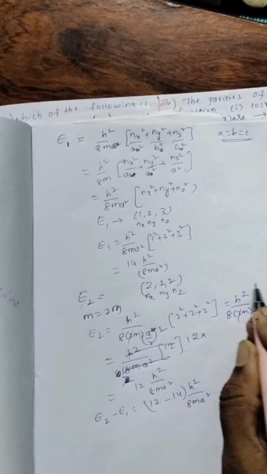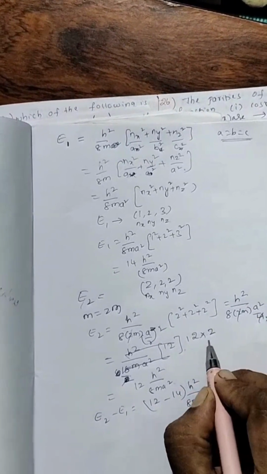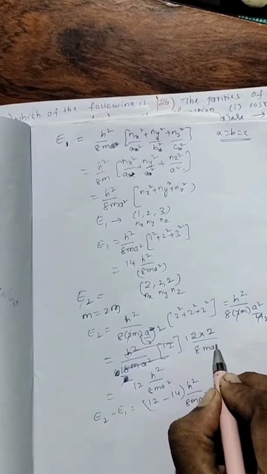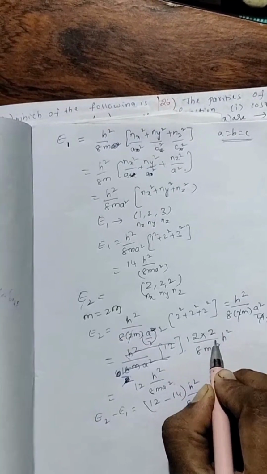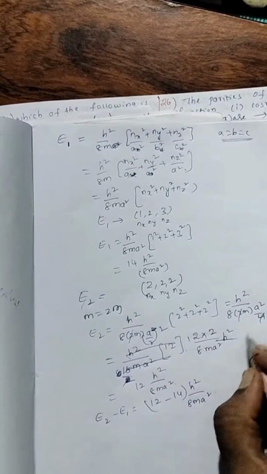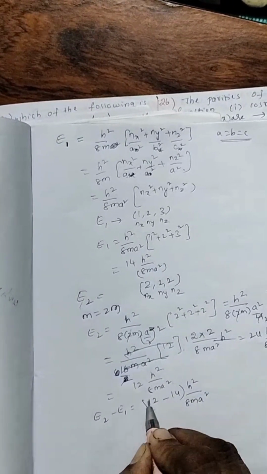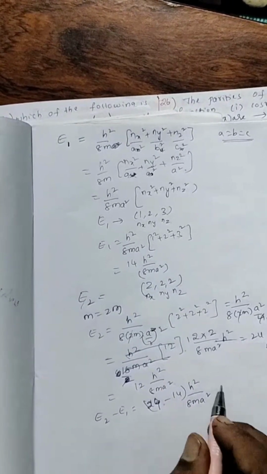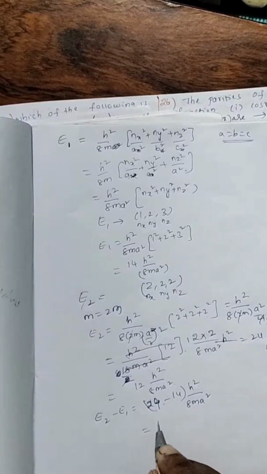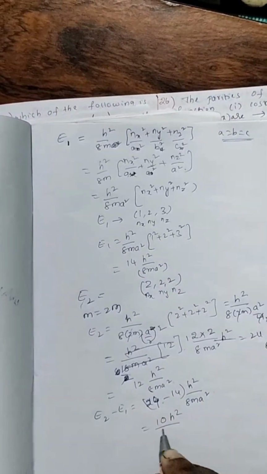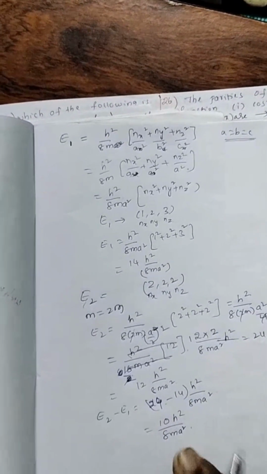The 2 cancels, so 12 times 2 by 8m a square h square. That is 24 h square by 8m a square. So this is 24. So 24 minus 14, 10 h square by 8m a square is the required answer.